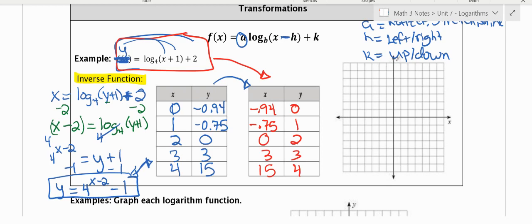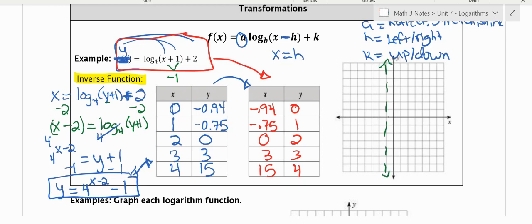One thing to note, x equals h is always going to give you your vertical asymptote. So my h value, you can see, is actually a negative 1. I'm going to go ahead and plot negative 1. And then plot all these out.